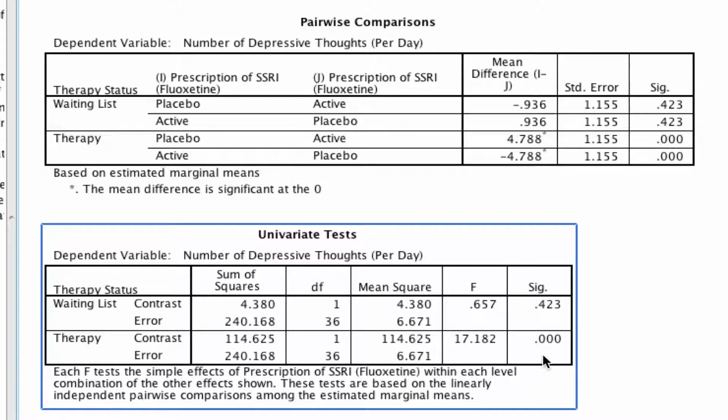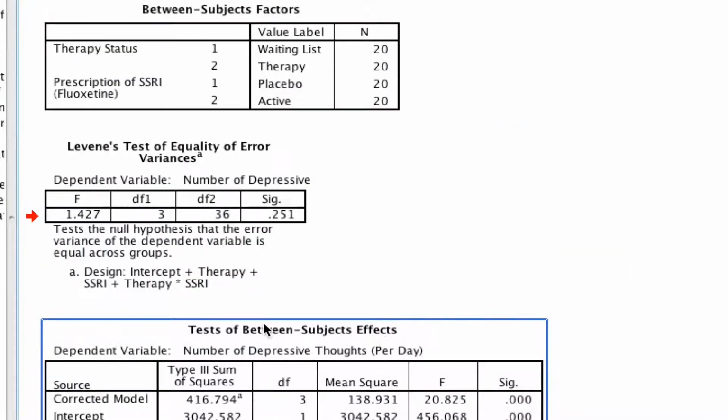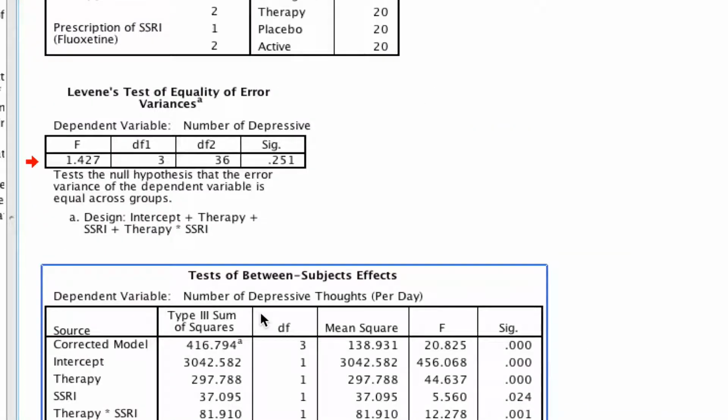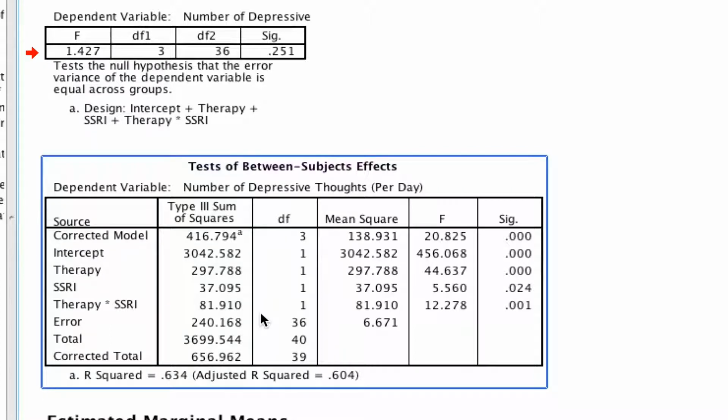And the best way to demonstrate that is if we add up the sums of squares, or the amount of variability explained by both those contrasts. It equals approximately 119. And you'll notice, if we go up to our original ANOVA table, our interaction itself only explains about 82 units of variability. So where's the discrepancy?